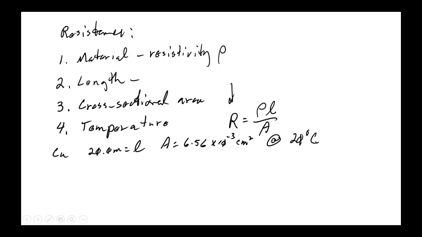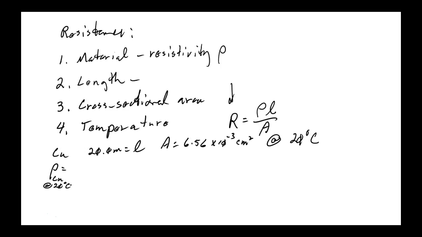Now there's a temperature we've not really talked about that much. I said we're going to have to look it up, but they give it to us. The resistivity of copper, which depends on the material, at 20 degrees. So that's where 20 degrees Celsius comes into play. By the way, what is 20 degrees Celsius? Anyone remember? Room temperature.